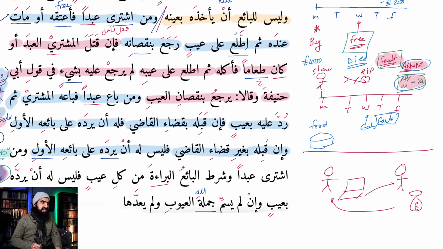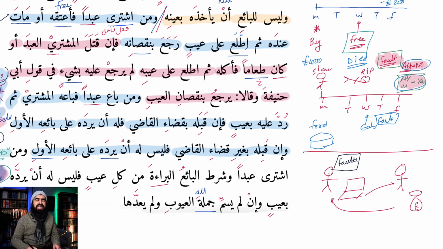Now, if this guy says, look, I declare that I am selling this to you with all of its faults. You're buying it with all the faults. Or I am free of any type of fault in this. All right, so let's say he says this.